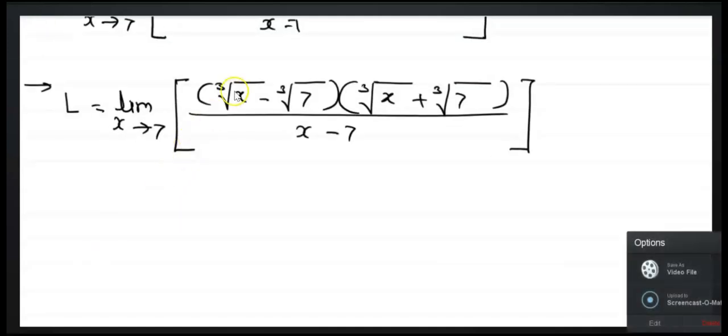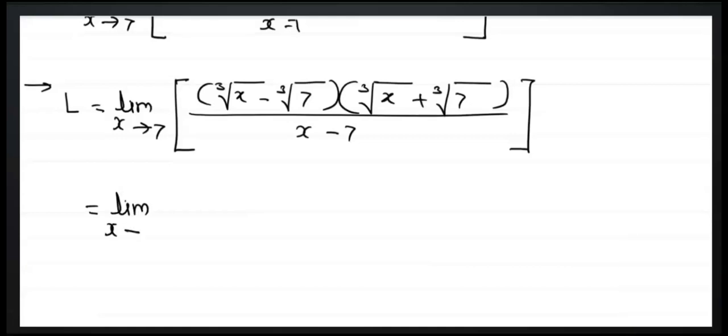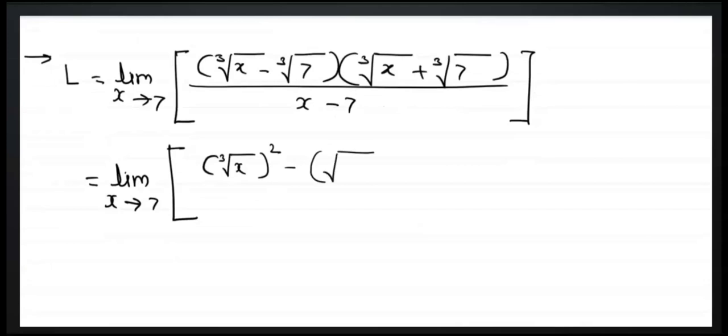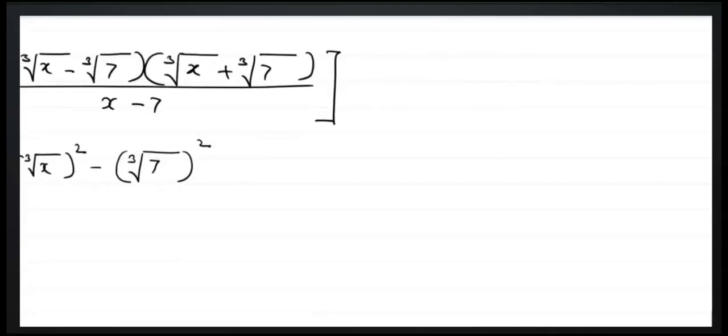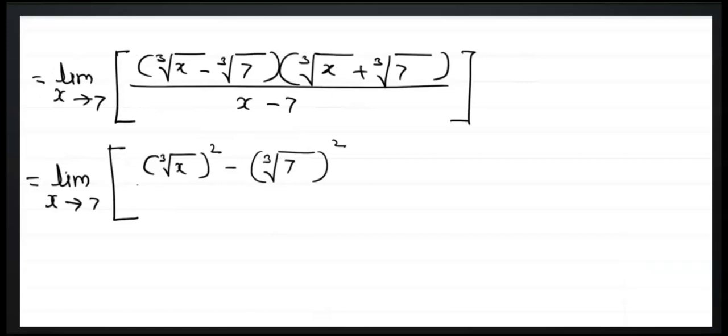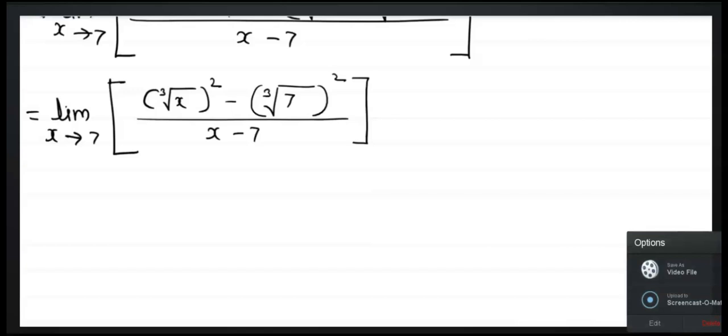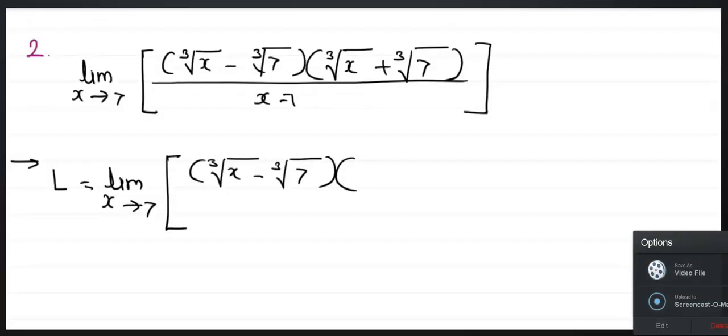That is a minus b into a plus b. That is cubic root of x bracket square minus cubic root of 7 bracket square. Next problem, question number 2.